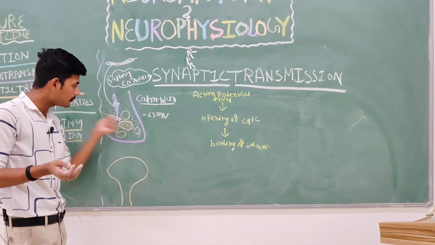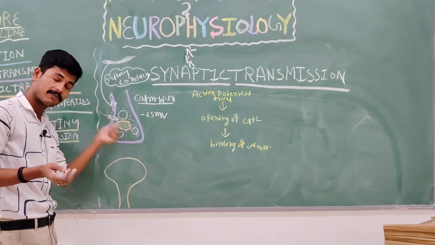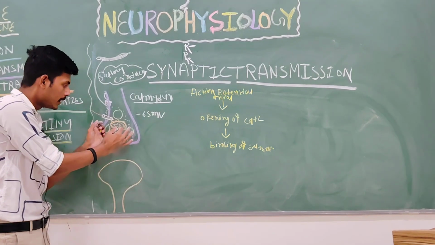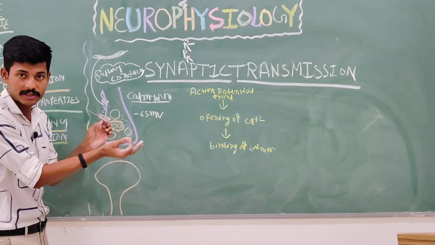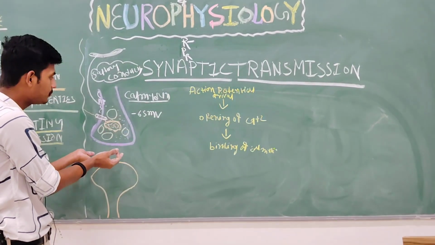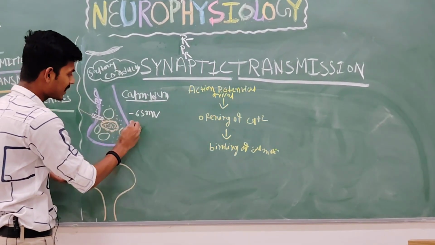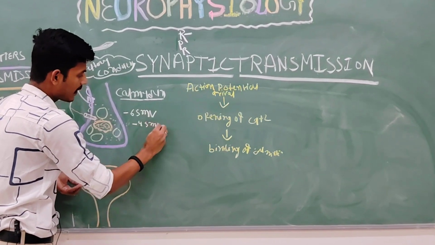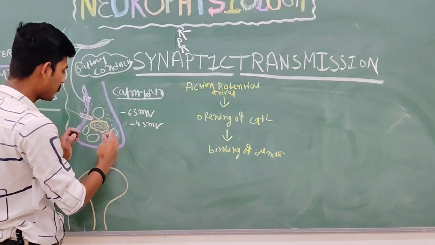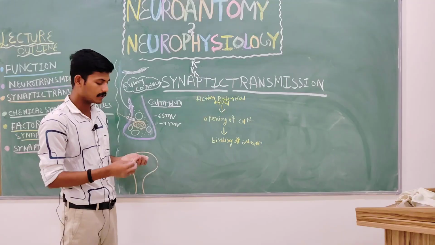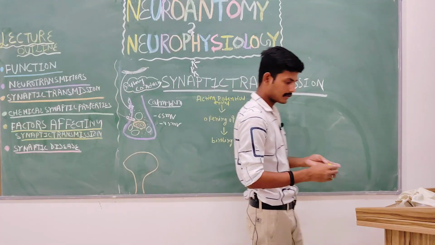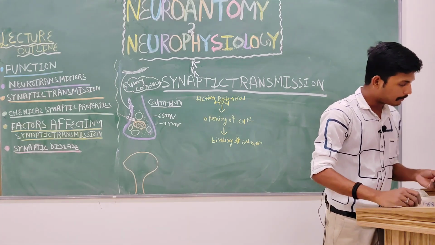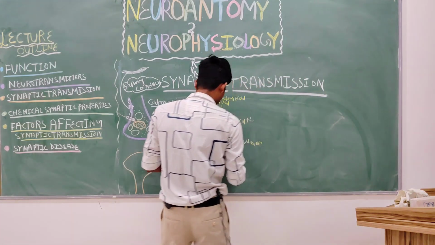But once there is an influx of calcium, an inward movement of calcium, and you know that calcium is a positively charged ion, there will be an increase in charge and it becomes minus 45 millivolts. Now this membrane becomes excited. So there is a depolarization of the presynaptic membrane.